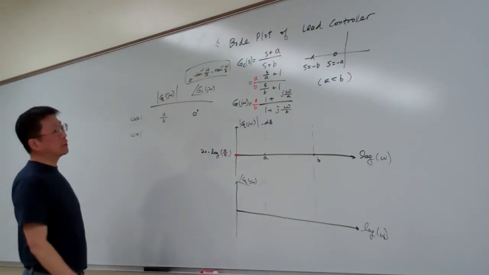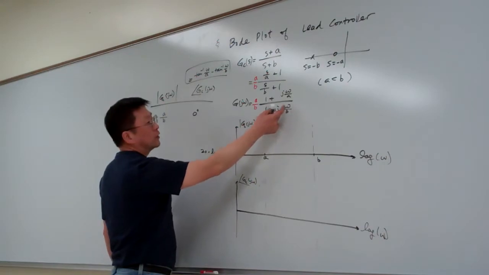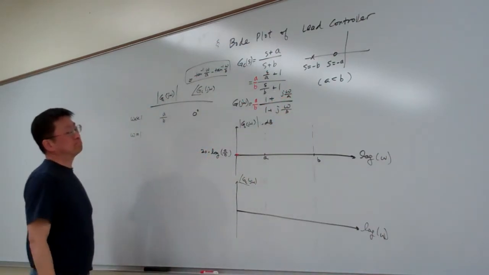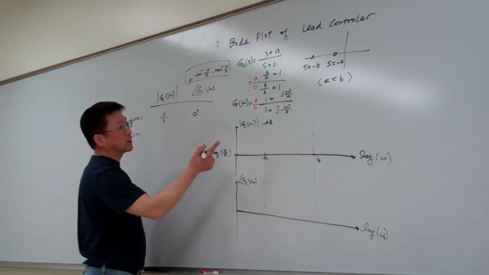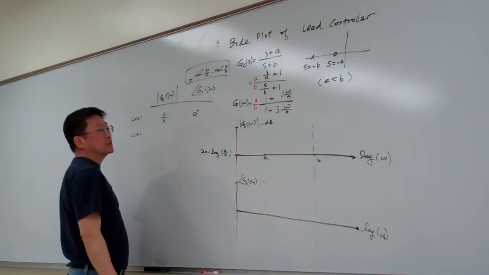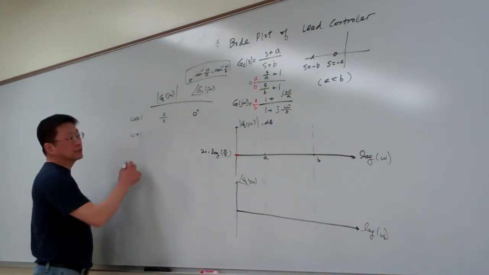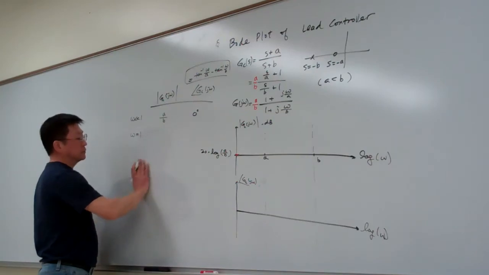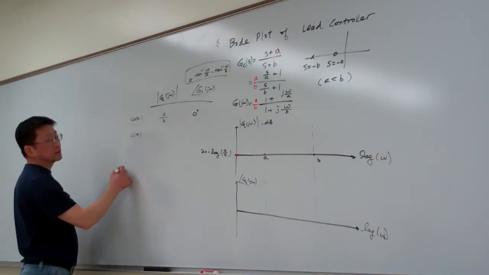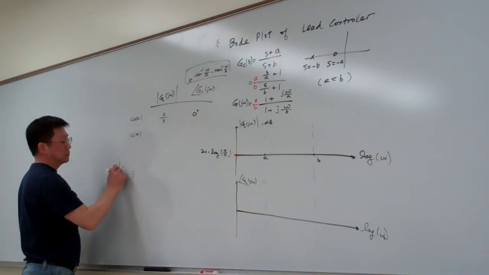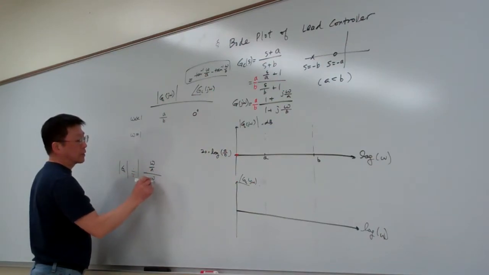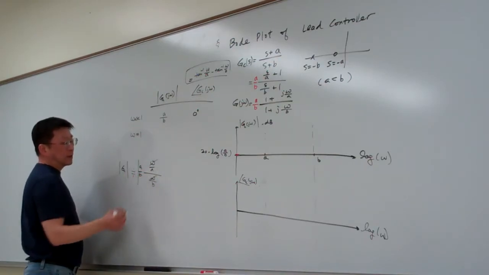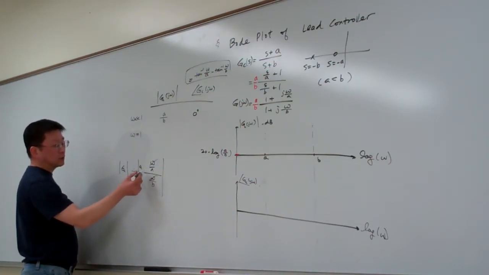Okay, under this situation, if omega is big, then its magnitude is approximately omega over A and omega over B, and when omega is big we can approximate by this, and then we cancel this one.